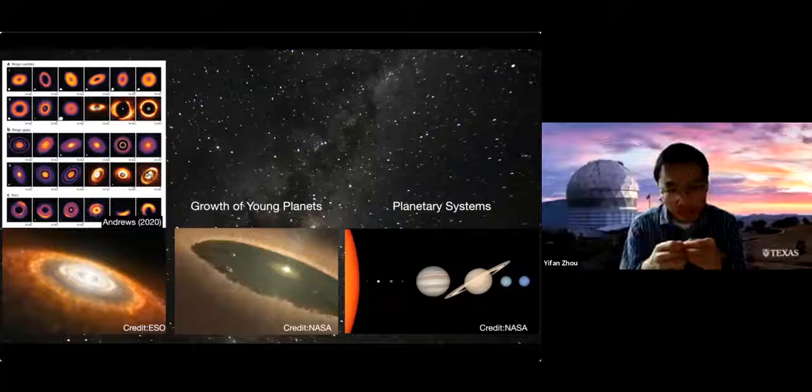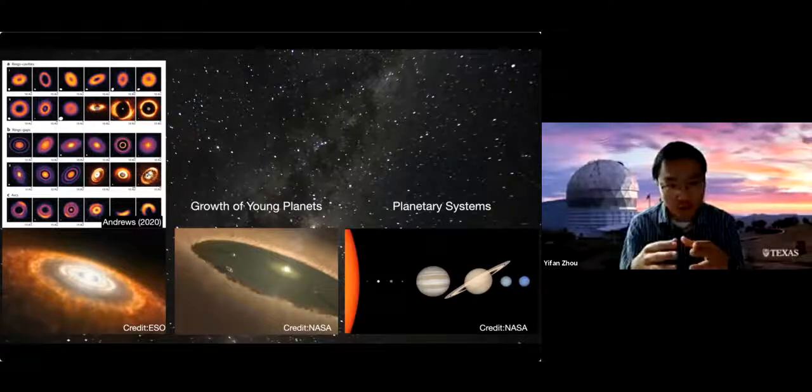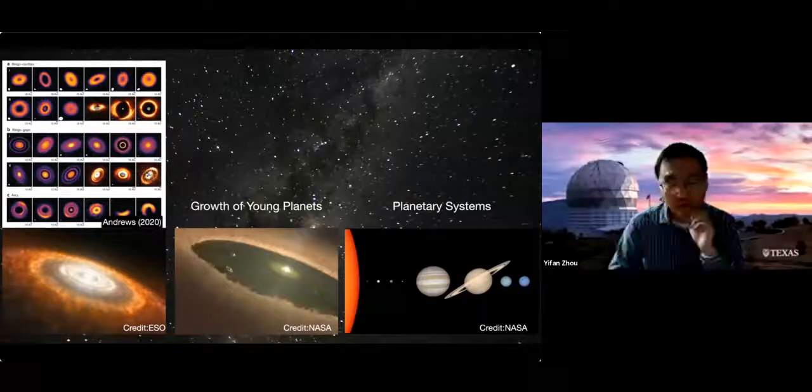Many believe that those structures are related to planets: the planet perturbing the disk creates those features. By following those features, we can trace all the way back to the very beginning of planet formation to study it there.